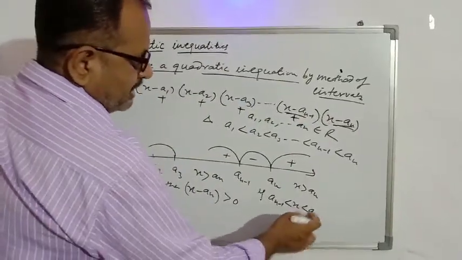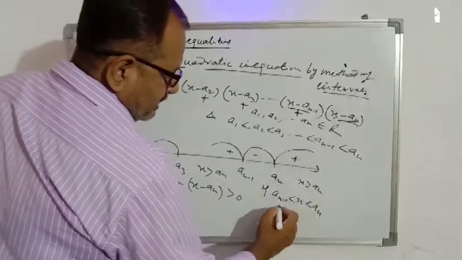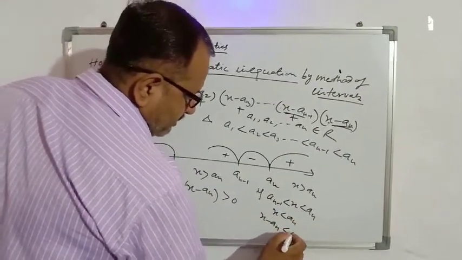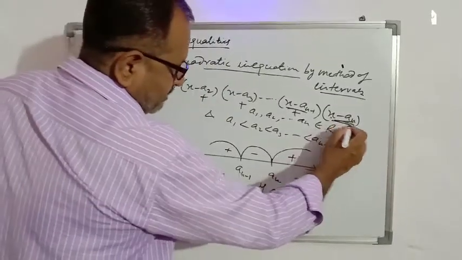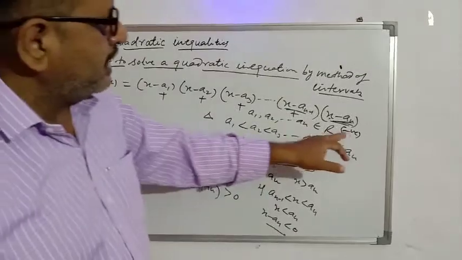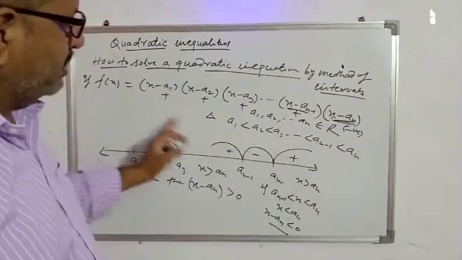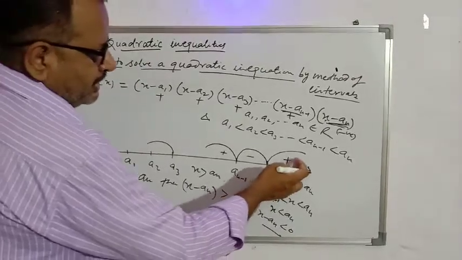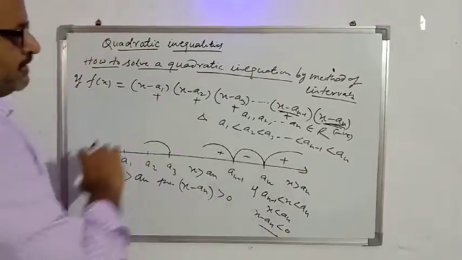But x is less than an, so x minus an will be negative, so the last bracket will be negative. So all are positive brackets, the last one negative, so what will the product be? The product will be negative. So that's why we take alternate positive, negative, positive, negative.